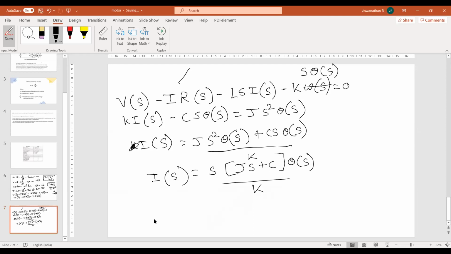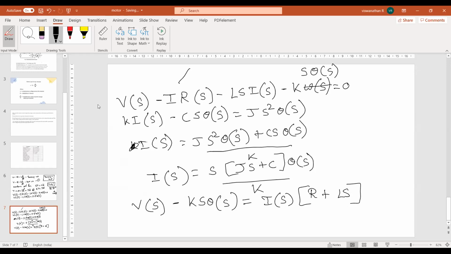Now you put this I of s into the first equation. So this is v of s minus ks theta of s is equal to I of s taken as common, r plus ls.